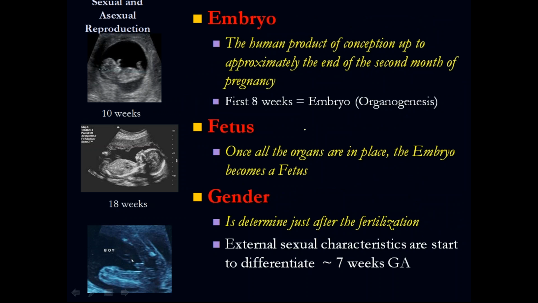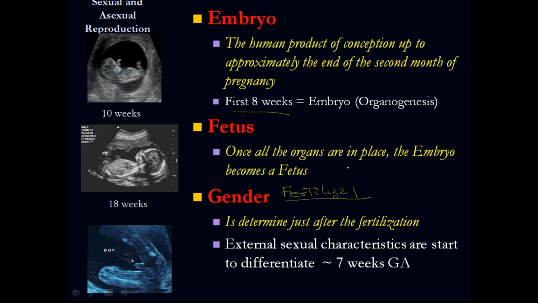Okay, so here we have, well, he's already here. First 8 weeks, embryo. Fetus is after that. Gender is going to be determined at the time of the fertilization. At the time of the fertilization, the gender is going to be already established.